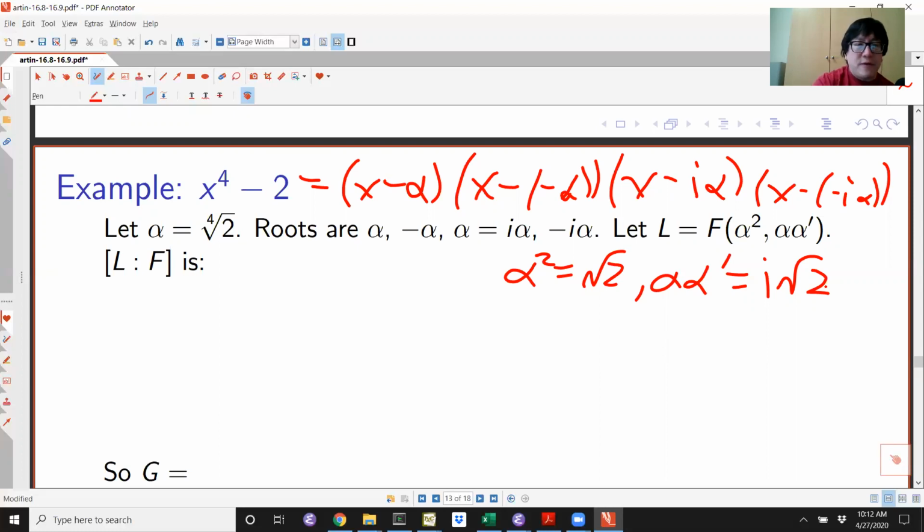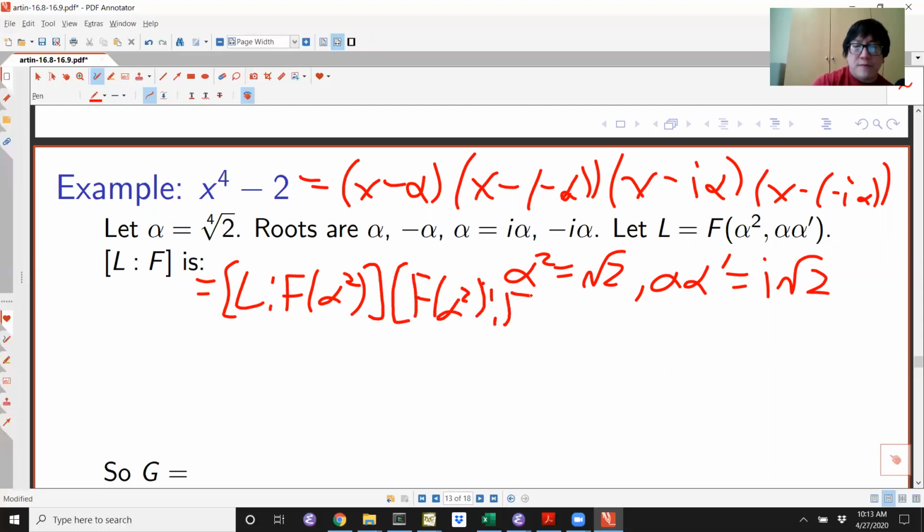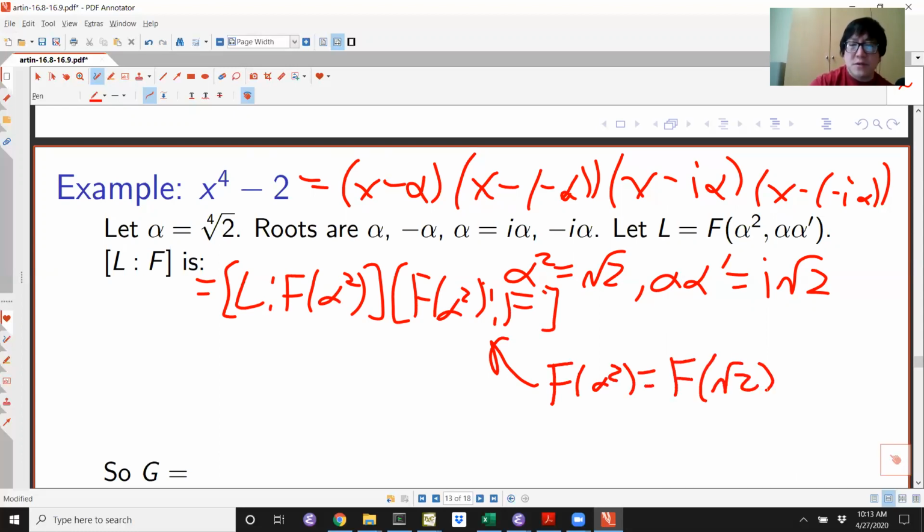Well, that's equal to the degree of L over F of alpha squared times the degree of F of alpha squared over F. F of alpha squared is equal to F adjoin root 2, so this degree is 2.